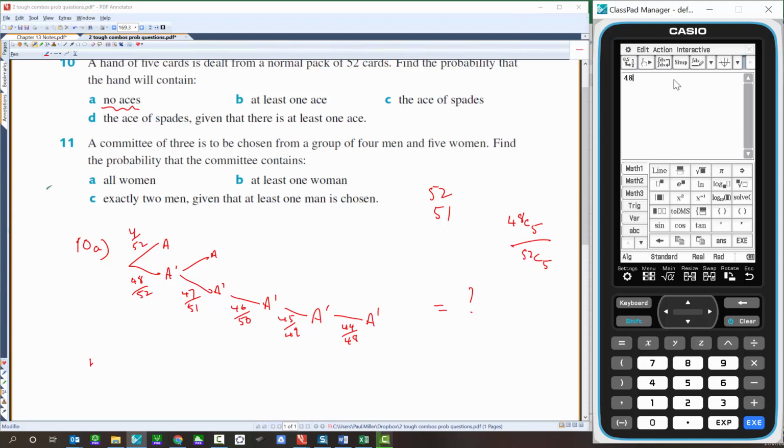So we can do 48 over, that one's going to take ages to do, so shift divide 48 over 52 multiplied by 47 over 51.